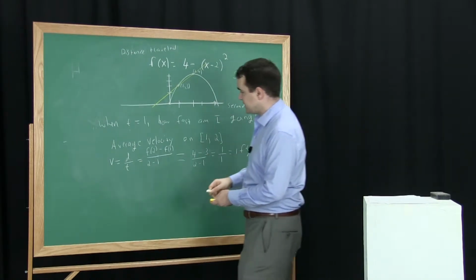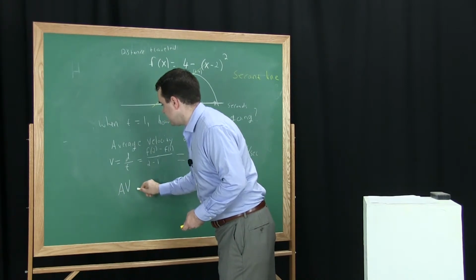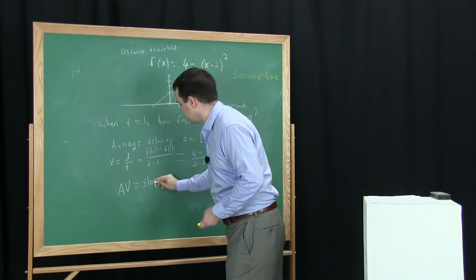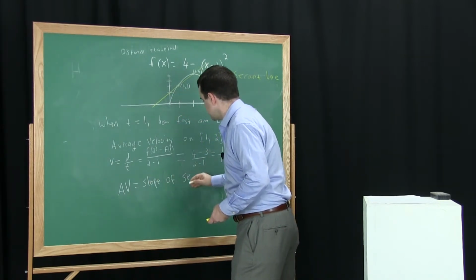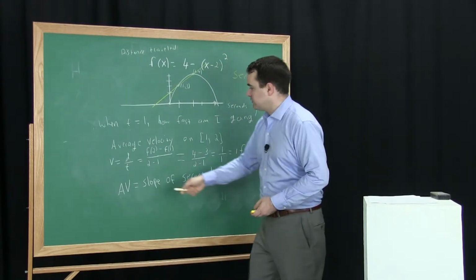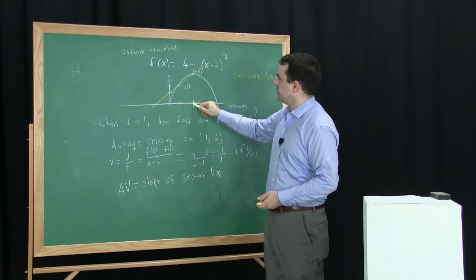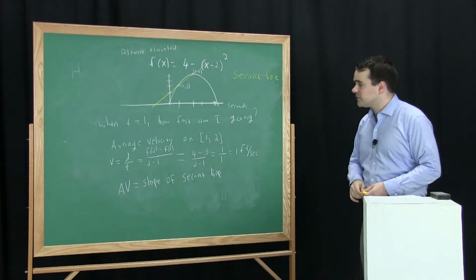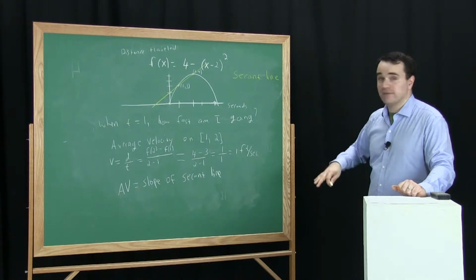So what we're seeing here is that the average velocity, AV for average velocity, this is actually equal to the slope of the secant line. So average velocity from 1 to 2 gives you the x coordinates that give you the 2 points. And then the slope of the secant line is going to be that average velocity.